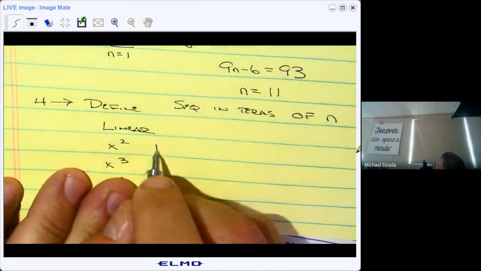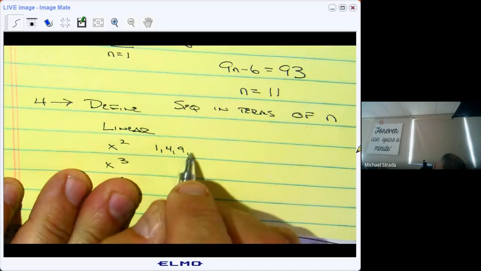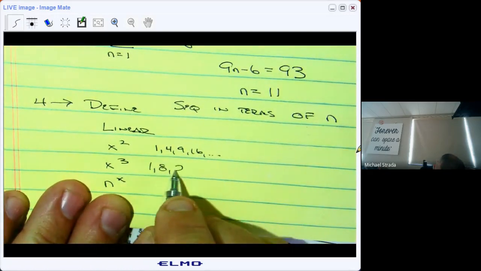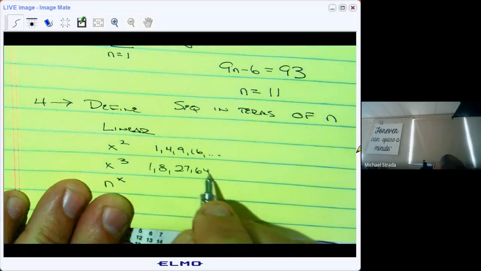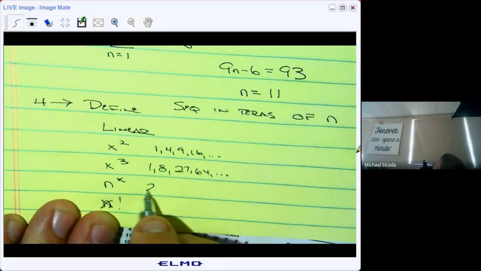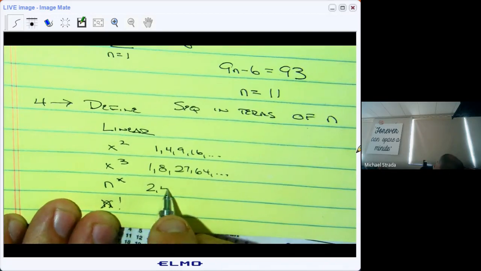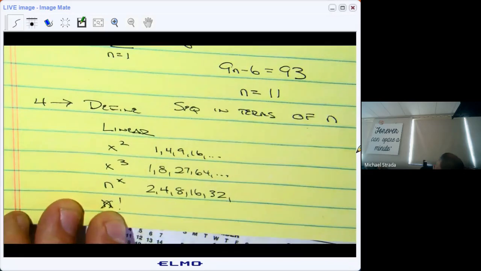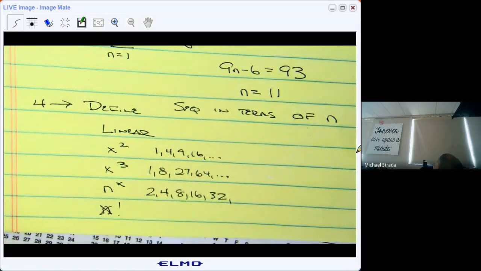When it's squared, you compare it to the perfect squares. When it's cubed, you compare it to the perfect cubes. When it's exponential, there's a common multiplier. You just have to figure out what number is being multiplied each time.